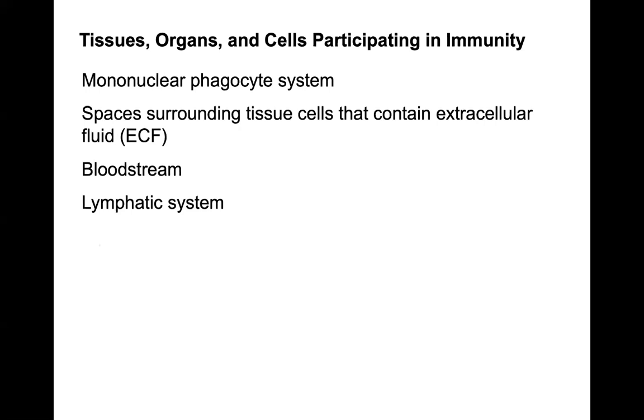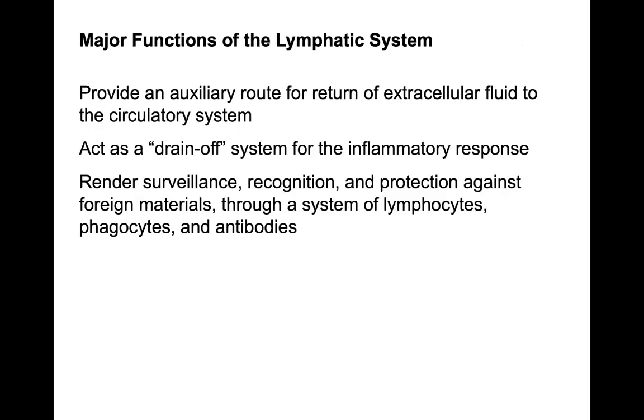Now, the tissues, organs, and cells that participate in immunity. We have the mononuclear phagocyte system, which will include cells like your macrophages and your neutrophils. Also the spaces surrounding tissues that contain extracellular fluid, the bloodstream, and the lymphatic system. Now, the lymphatic system is a system you may have touched on in anatomy and physiology if you took those courses.